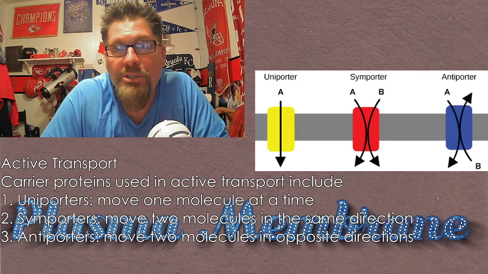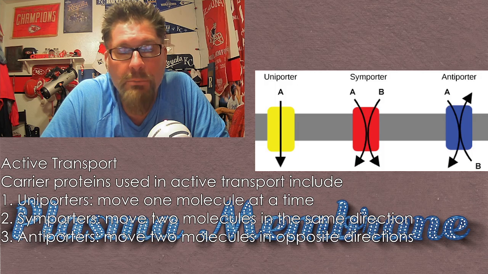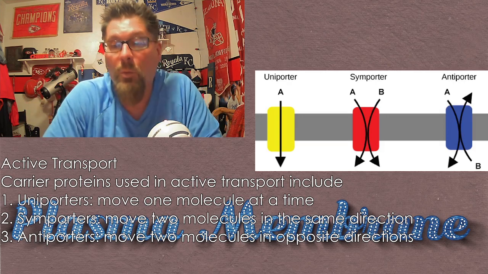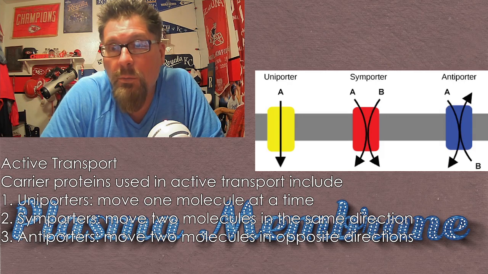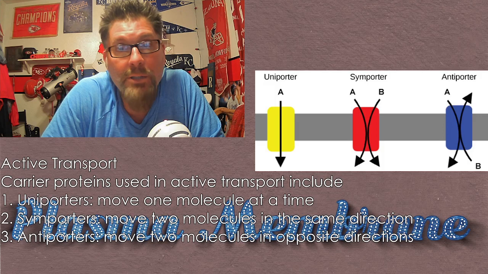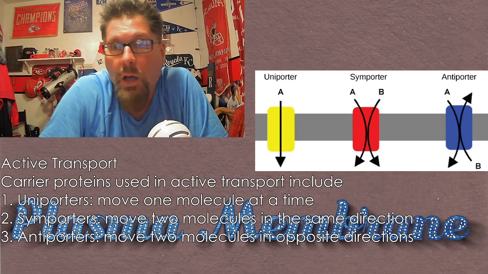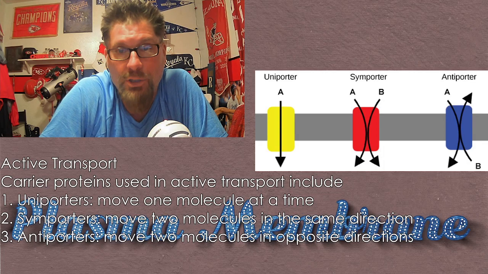A symporter, S for symporter, S for same, as in same direction, we're going to be moving 2 molecules in at a time. Just like we talked about that saturation rate, where now we've got double the amount going in and in the same direction.